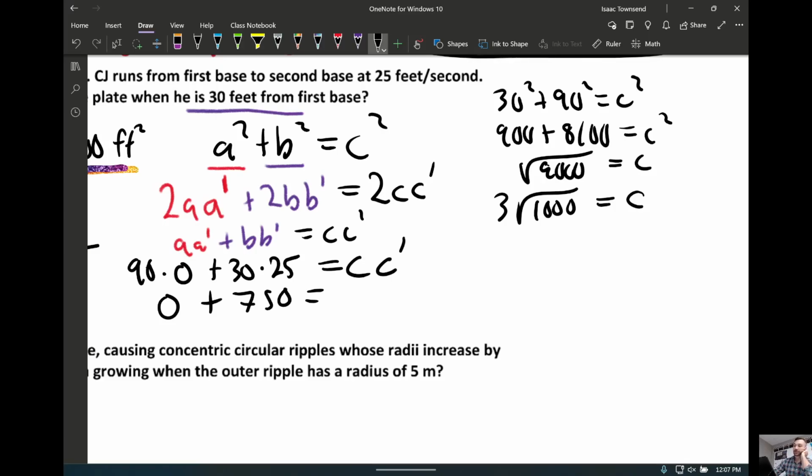Okay, let's try to simplify this more. 1,000 is like 250 times 4. Okay, that's not helpful, but you can do like 100 times 10. That's even better.